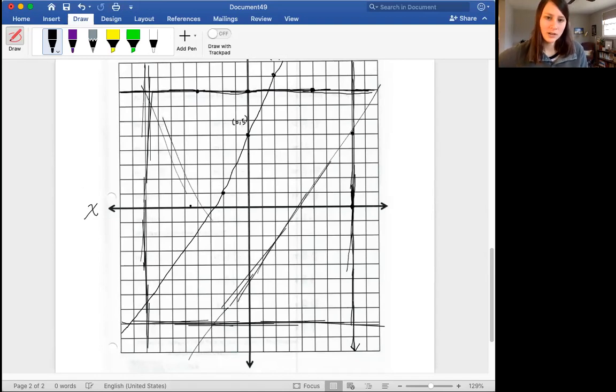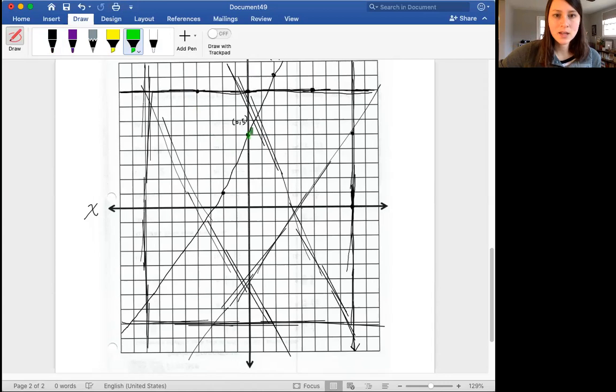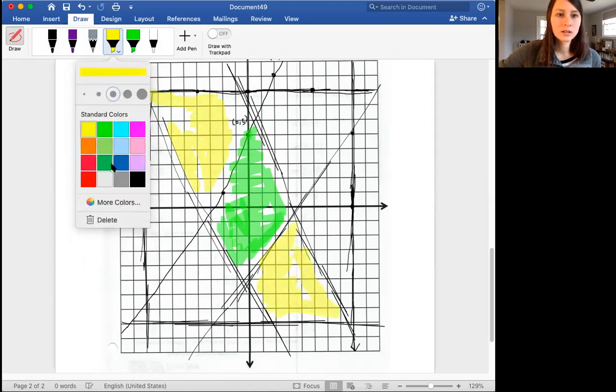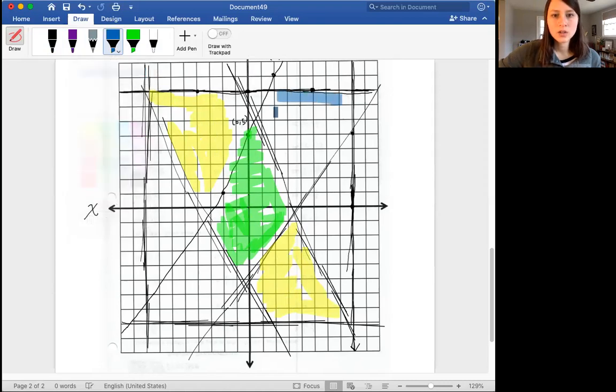This is definitely a very rough sketch, but you're going to see something like this on your picture that you graph. And you are going to color these spaces in and create a little stained glass window. So imagine a pretty stained glass window here, and you're going to maybe color this part yellow, maybe this part yellow, and then you're going to color the other parts. So you're going to just make your own little design.